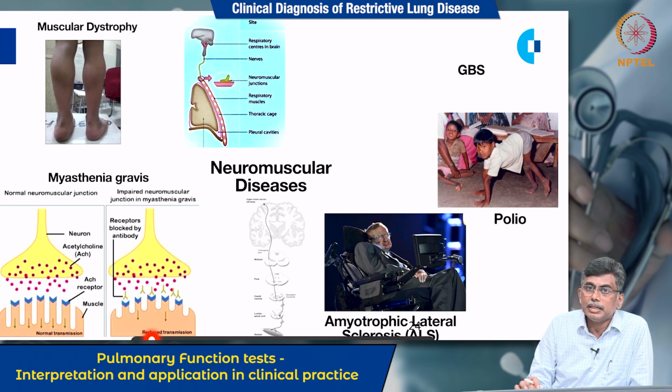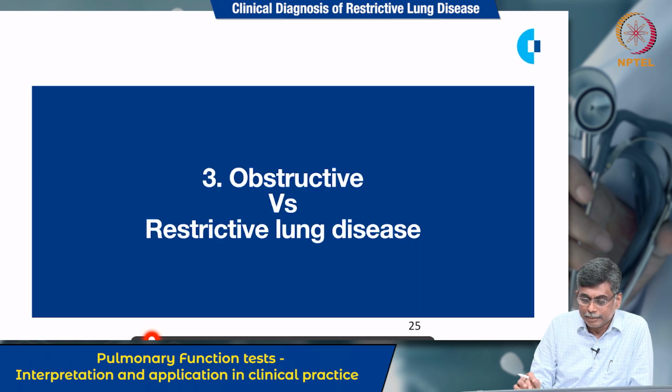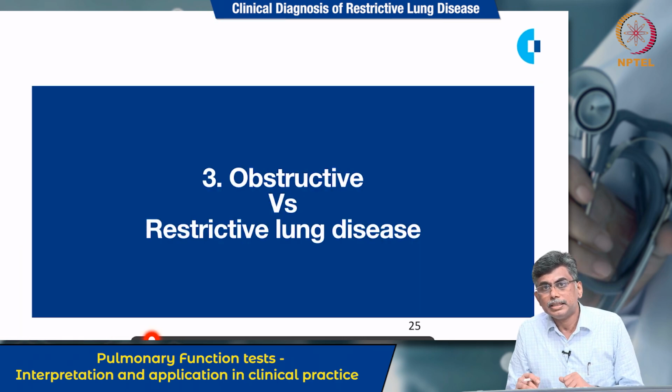Now the third disease is in the peripheral nerve, it's called Guillain-Barré syndrome, also called GBS, where antibodies are produced against myelin or axon, and that gets destroyed, because of which there is a rapid ascending paralysis. So these are the diseases that come under neuromuscular diseases.